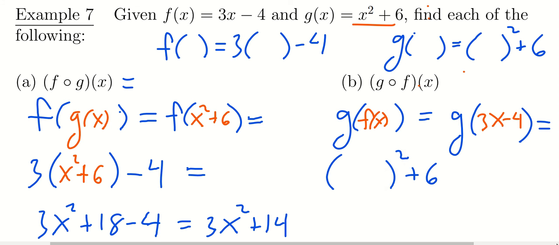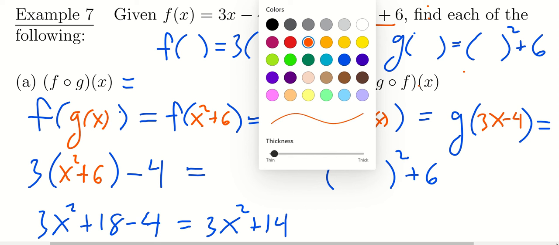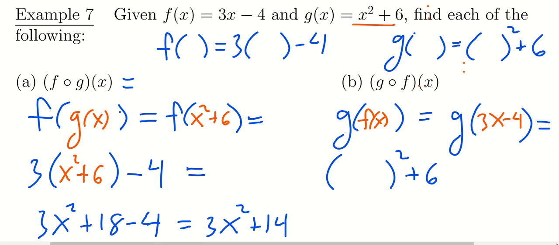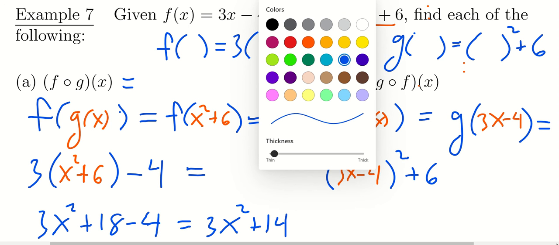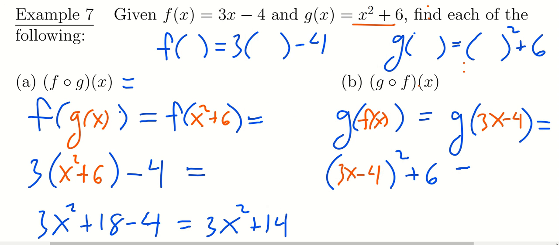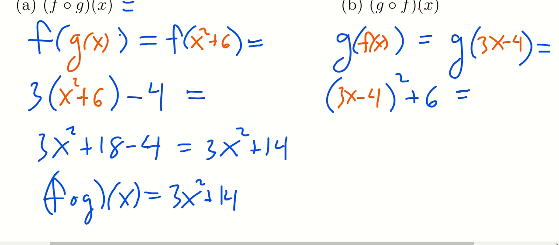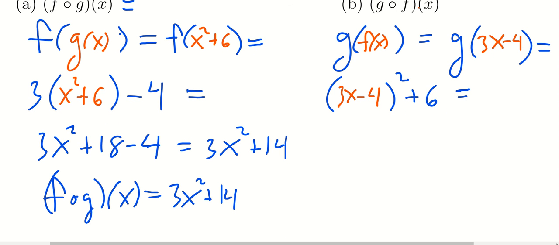So everywhere we saw an x in the expression for g, we're replacing it with f, which is 3x minus 4. And now that we're here, we want to simplify this. We have a binomial squared. Be very careful. That means to take that thing and multiply it by itself.